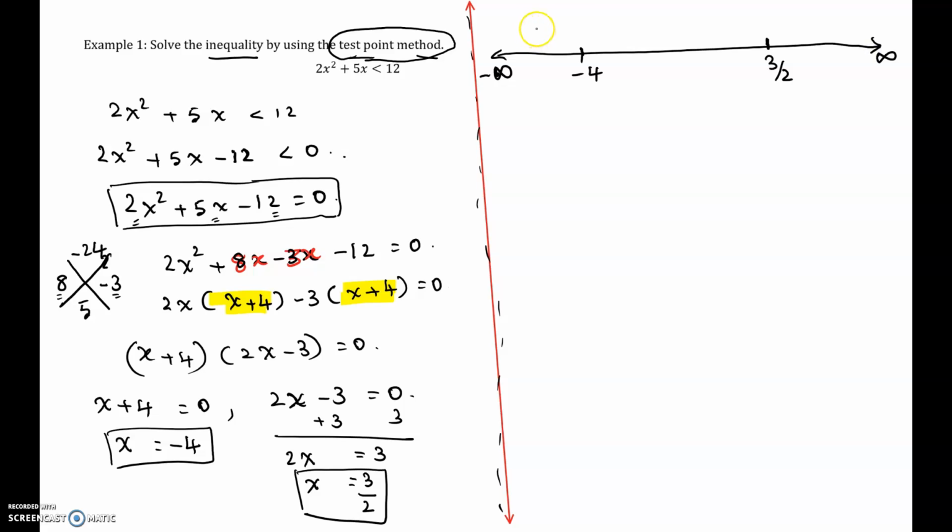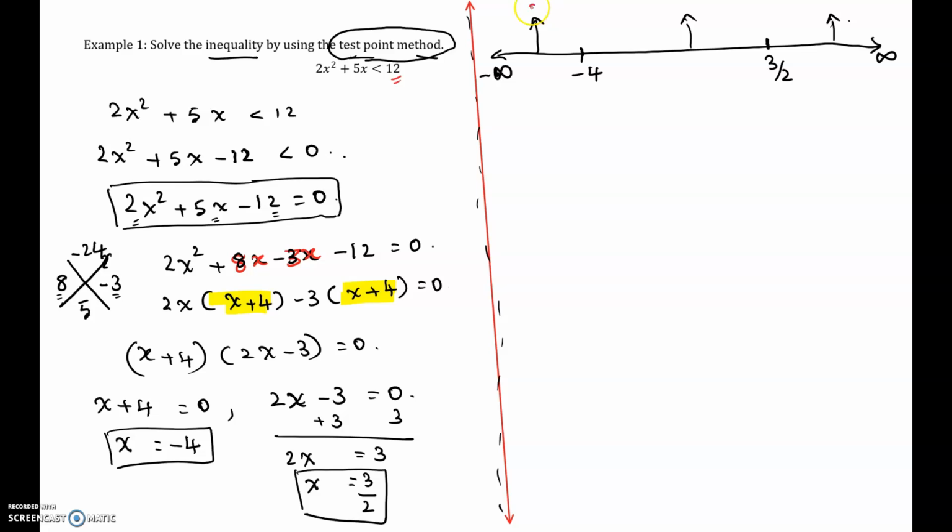Here we are going to take a test point in each interval, plug it into the original inequality, and see whether it makes sense, whether the inequality is less than 12 or not.